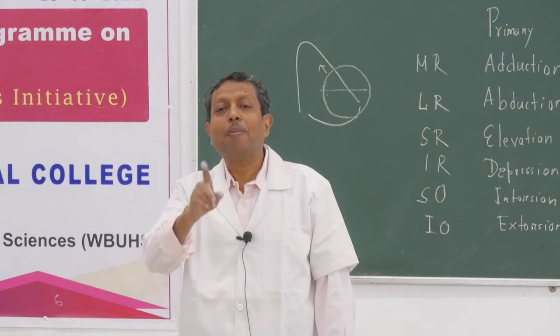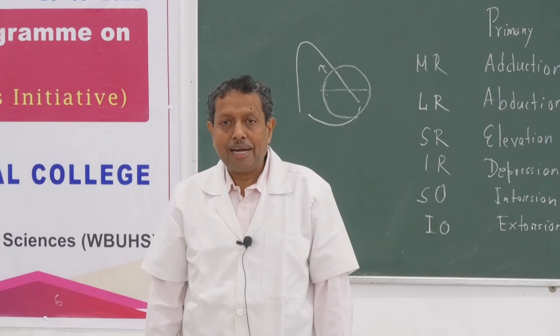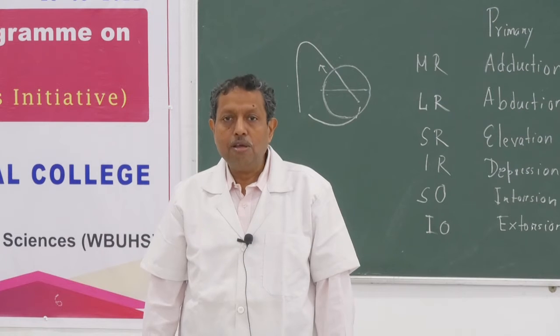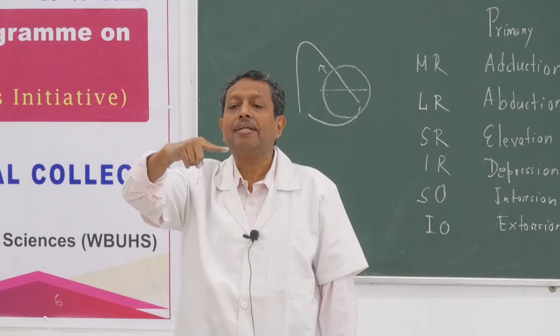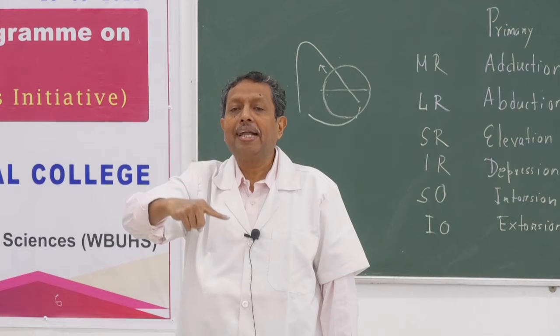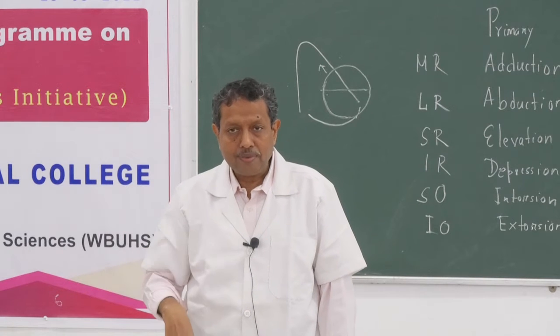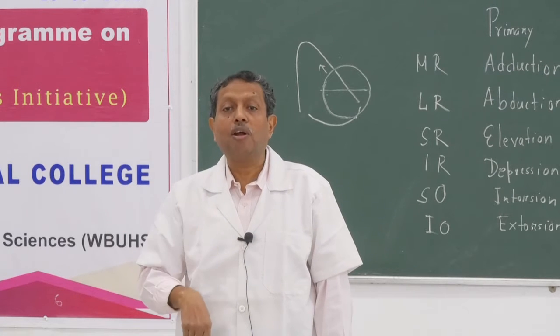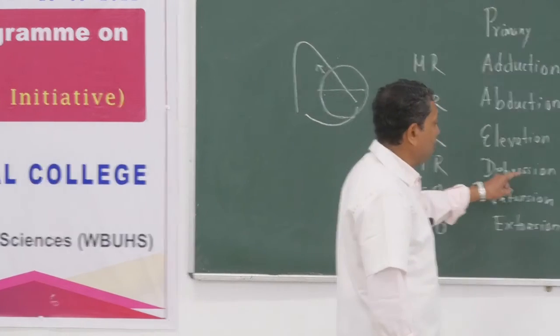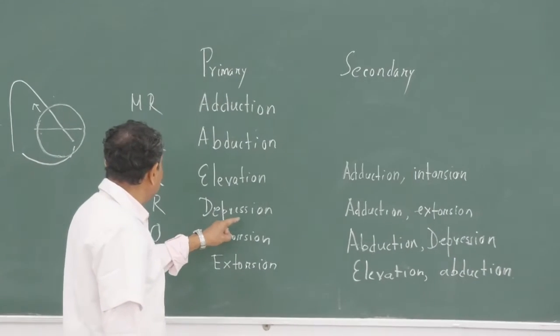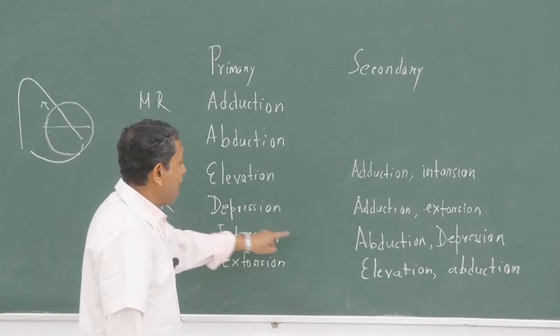For this reason you cannot separate their movements. Clear? You cannot separate movements. Similarly, when keeping the head fixed, I am going downward, then there are two muscles on either side, inferior rectus and superior oblique, and in that case we are taking this superior oblique, there is this depression and a depression.